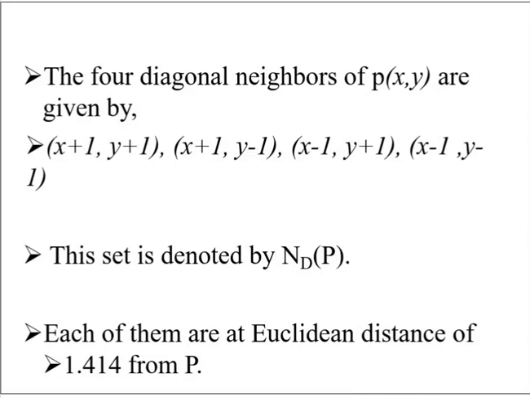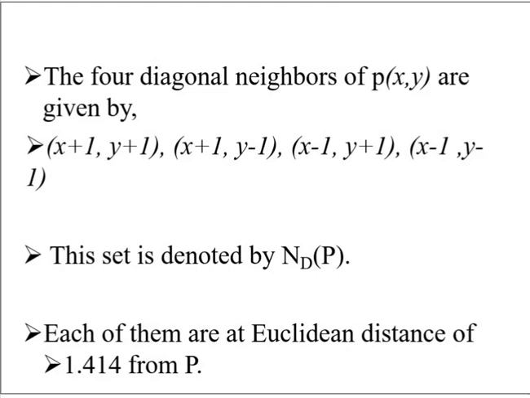In figure A, the four neighbors of a pixel P are its vertical and horizontal neighbors, denoted by N4(P). In figure B, the eight neighbors of a pixel P are its vertical, horizontal and four diagonal neighbors, denoted by N8(P).